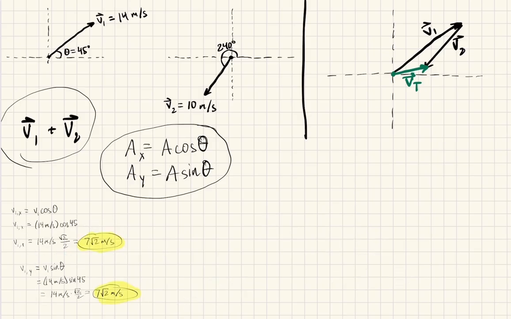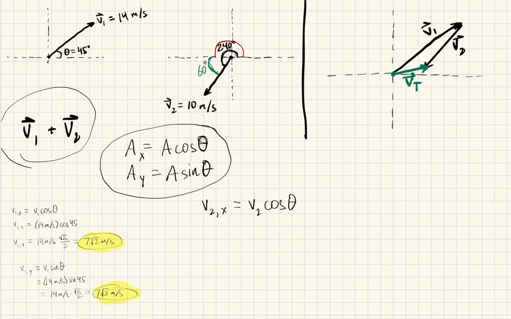For vector 2, okay, we're going to do the same thing. Let's find the magnitude of the x component first. So that'll be that times cosine theta. Remember, theta is the angle between the x-axis and our vector. So in this case, okay, because we know this angle here from the positive x-axis is 240 degrees, and we know that from here to here is 180, then this angle here, which is the angle between the x-axis and our vector, is going to be 60 degrees, okay?